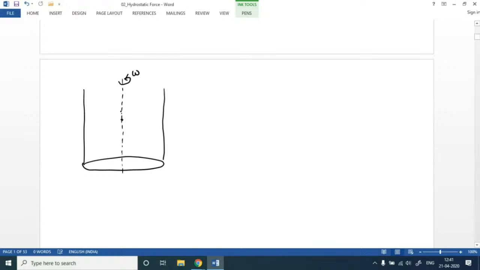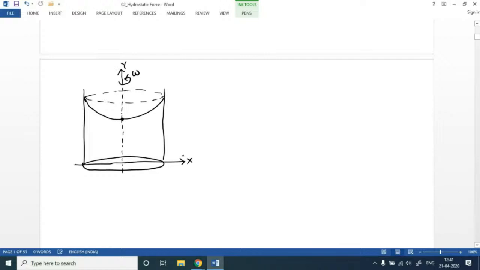If that happens, the open surface of the liquid will take the shape of a paraboloid, and if we take the projection of this paraboloid on the xy plane, it would be a parabola.